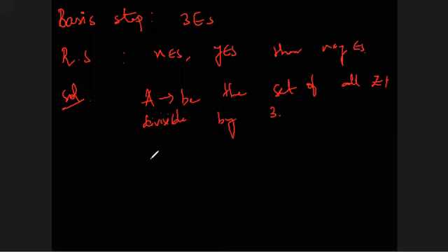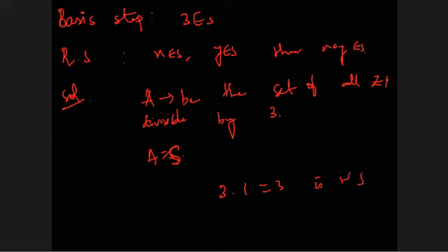To prove that A is equal to S, we must show that every positive integer divisible by 3 is in the set S. So we first start with 3 into 1, which is equal to 3. It is in S.